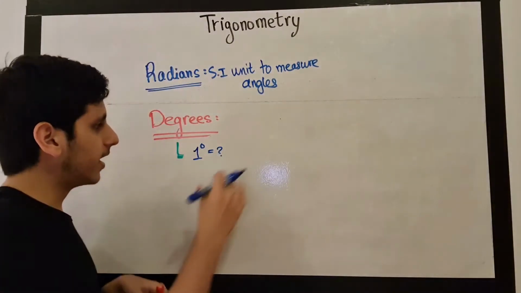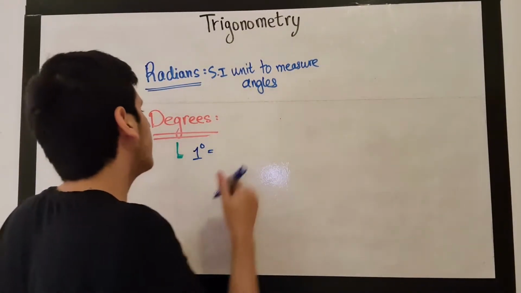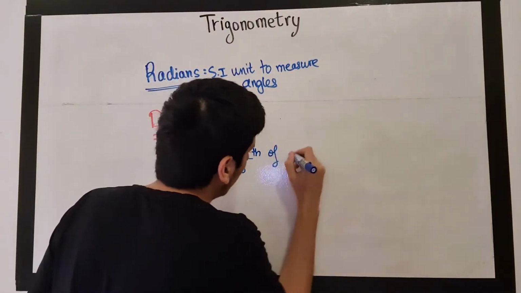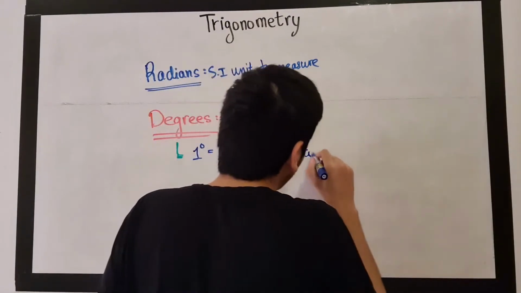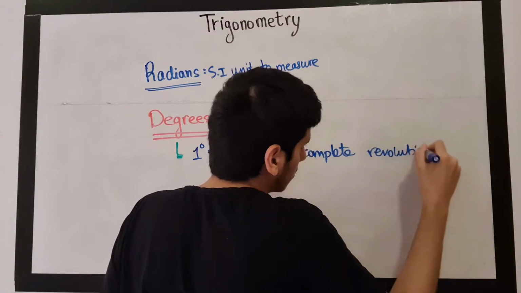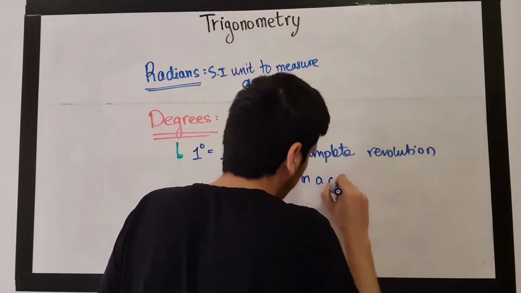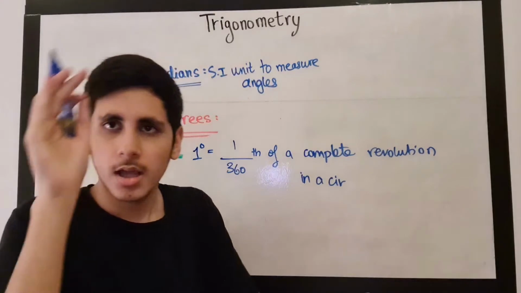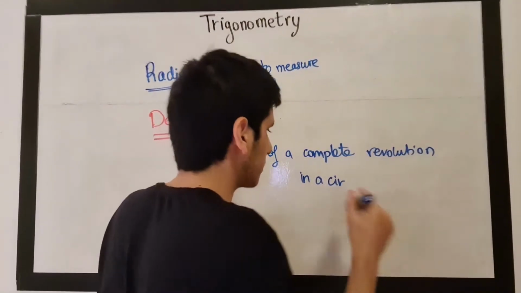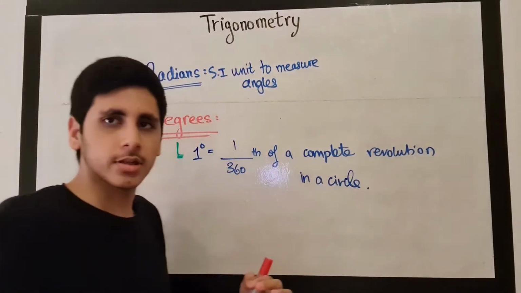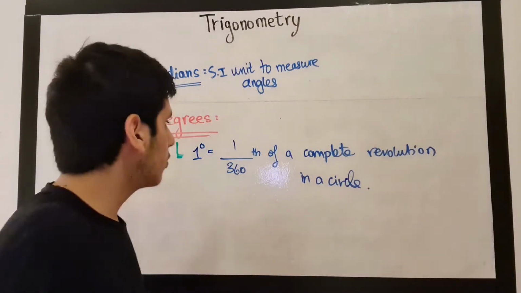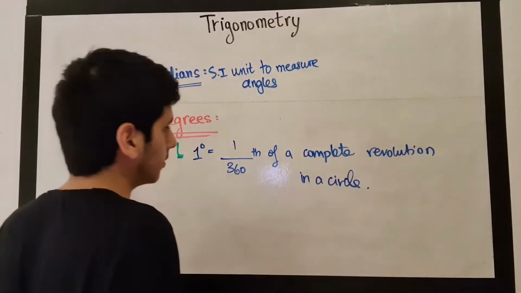So we can define it simply and briefly, that 1 degree is 1/360th of a complete revolution in a circle, or the complete revolution around the circumference, the perimeter of a circle. That's the definition, and we can use this definition of degrees in other shapes. So 1/360th of a complete revolution, okay?